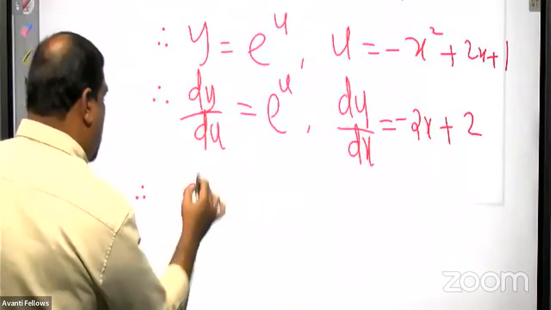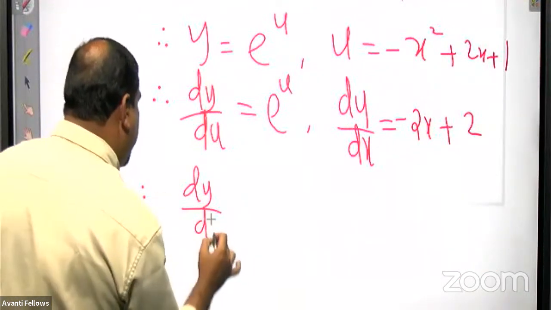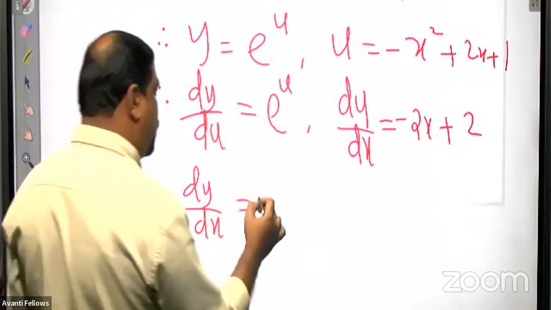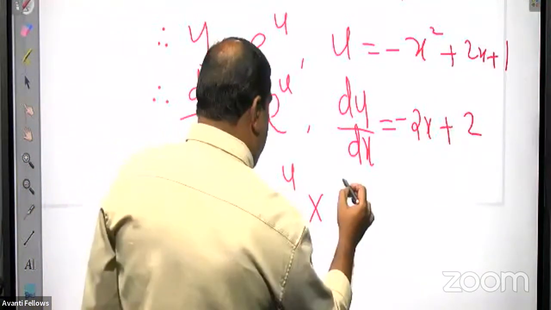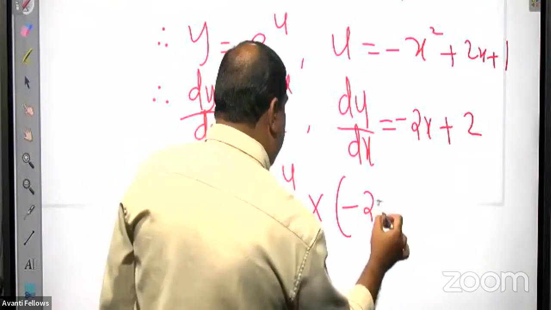So multiply. Therefore, our final answer, dy by dx, is equal to dy by du, which is e raised to u, multiplied by minus 2x plus 2.